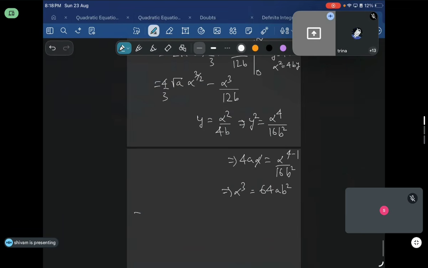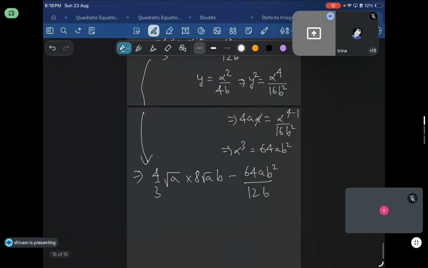Okay, now let us substitute everything. So what are we getting from here? 4 by 3 into root over a, alpha into 8 into root over a into b. Right, tell me everyone. Minus alpha cube will be equal to 64ab square by 12b. Are people getting?